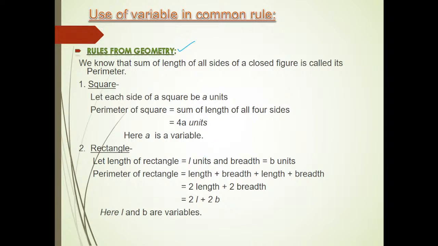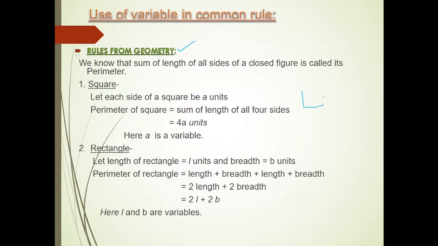What type of rules? See, if you are taking a square and you want to add the boundaries of the square, since the sides of the square are equal, every side has equal measurement in the square. So what will it be?